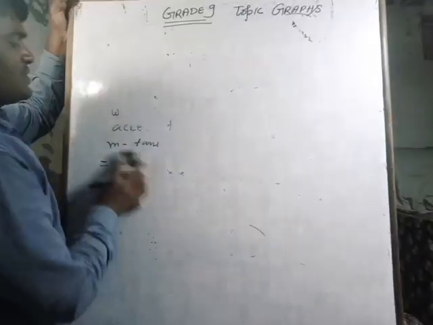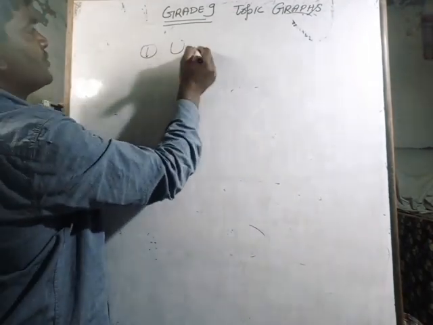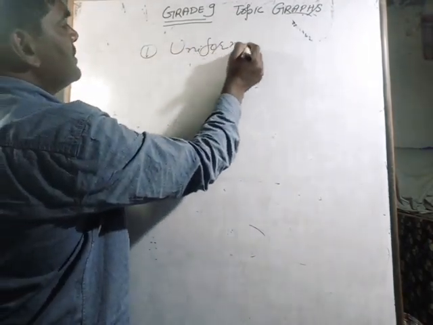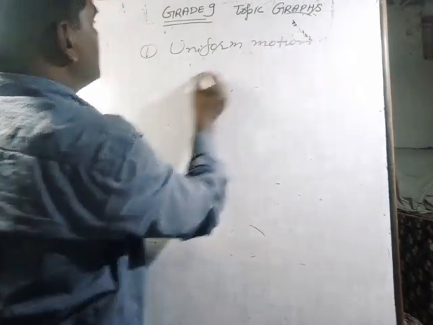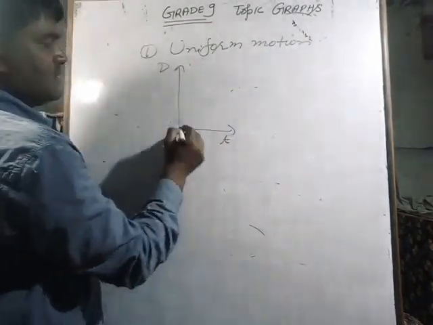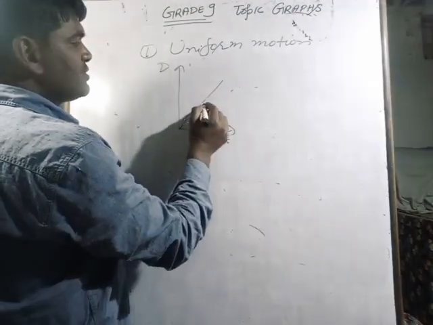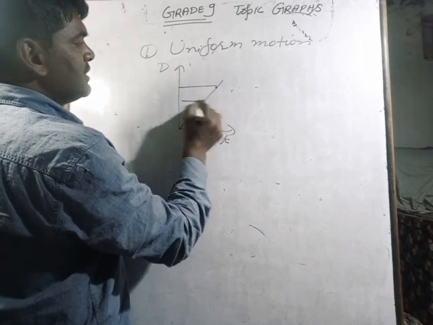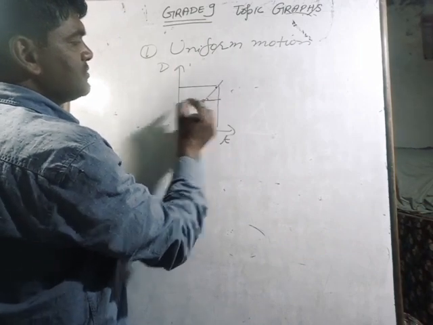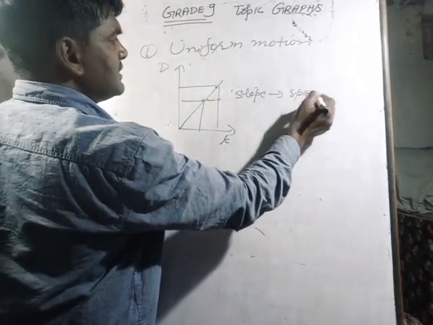Let's have a quick recapitulation, my dear students. First was uniform motion, and the graph was distance versus time. Slope at any 2 points gives speed.